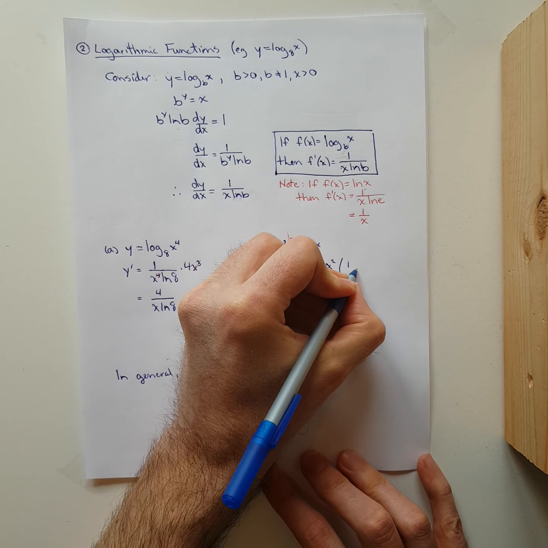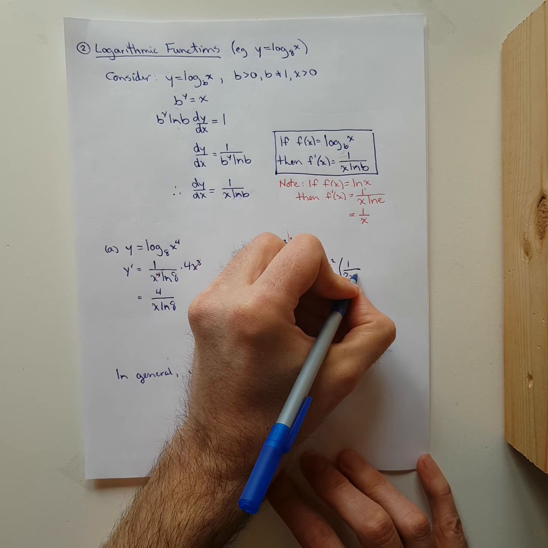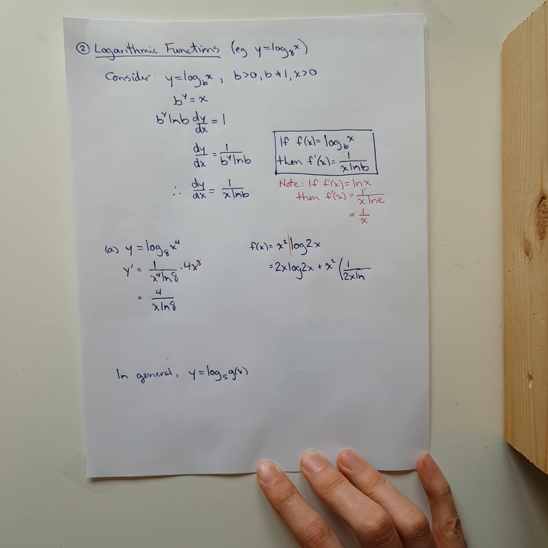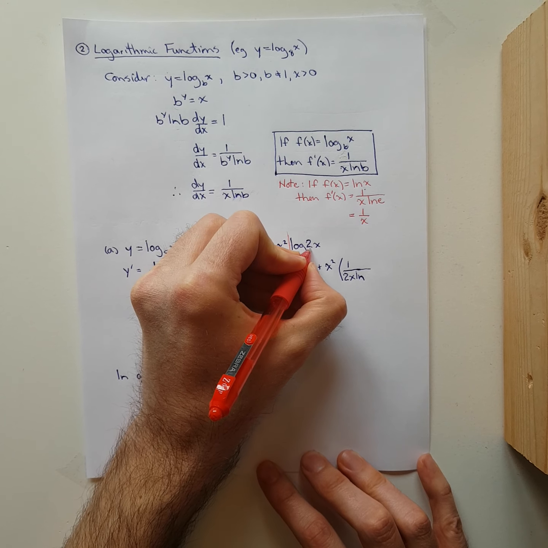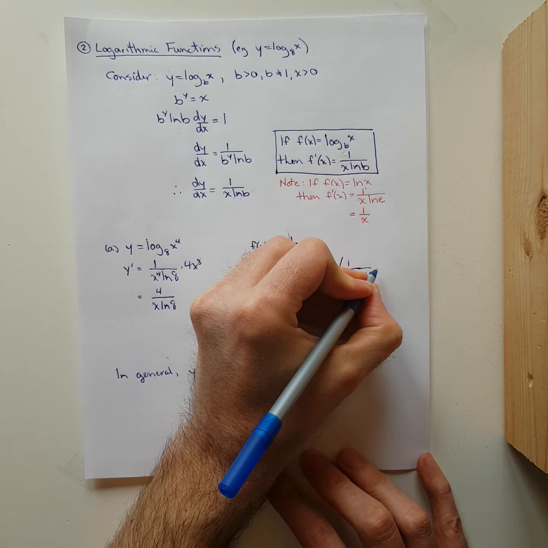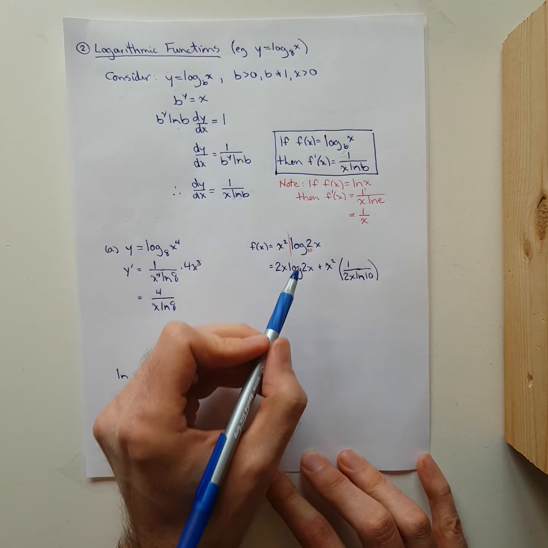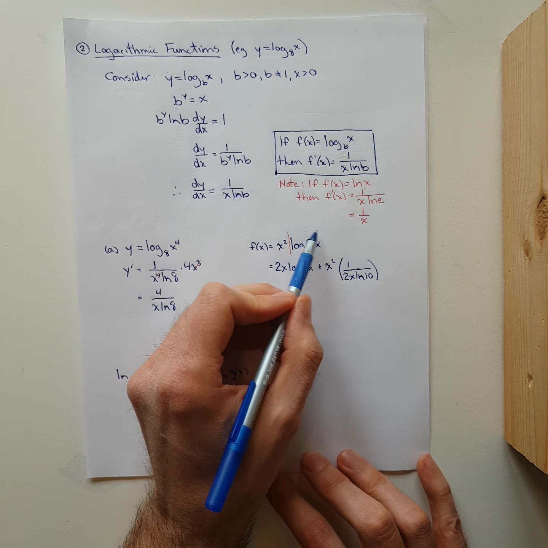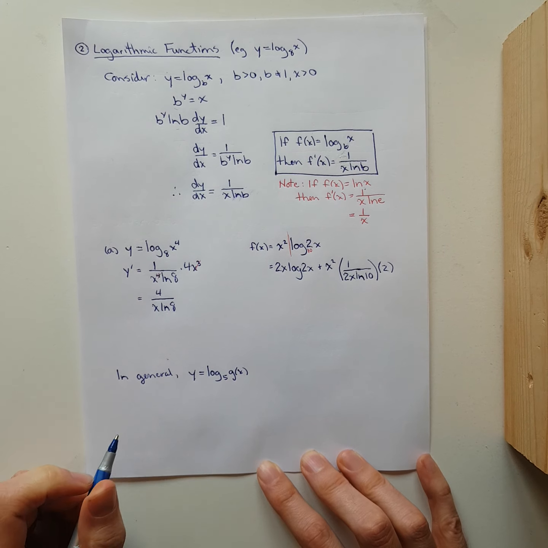So we would have 1 over the argument, so 1 over 2x, multiplied by ln of the base. We need to be a little bit careful here. Reminder that when we have a log that does not have a base, the base is implied to be base 10. So we have to watch, because that's important here as we take the derivative, because I have to take the ln of the base, and then I need to multiply that by the derivative of the argument, or the derivative of the inside of the log, the inner function. So that would multiply here then by 2.